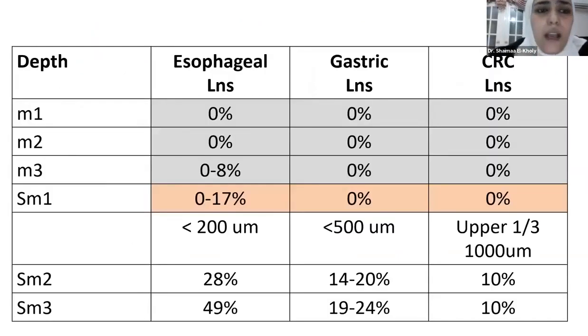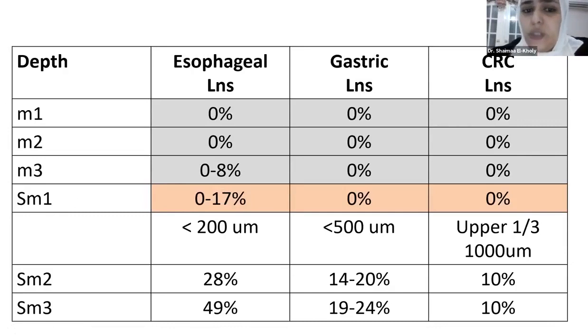As you can see here, when you go from esophageal cancer to gastric cancer to colorectal cancer, if you go through the mucosa M1, M2, M3, you can see that the incidence of lymph node metastasis is around 0. We have to bear in mind that these numbers are not strict numbers. It's just a range of numbers, but it's usually around 0. When it comes to the esophagus here, maybe the incidence is a little bit higher. So when you go to SM1, you find that the incidence of lymph node invasion is a little bit higher.